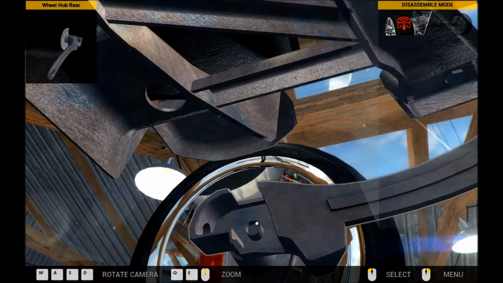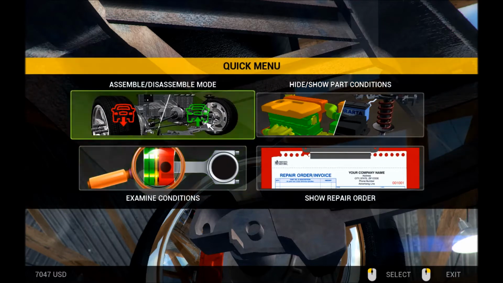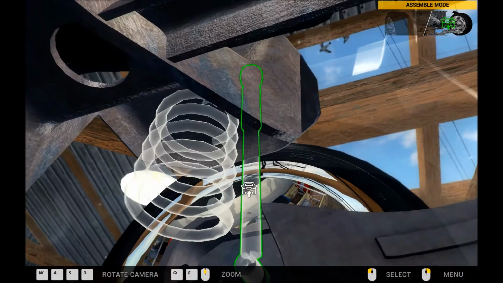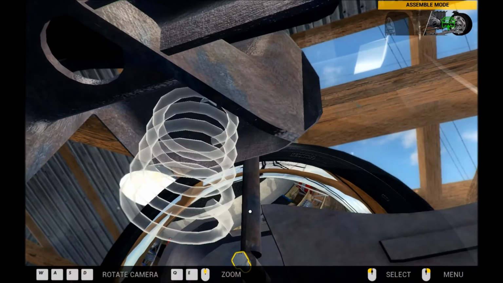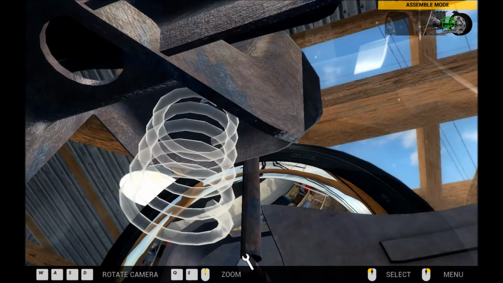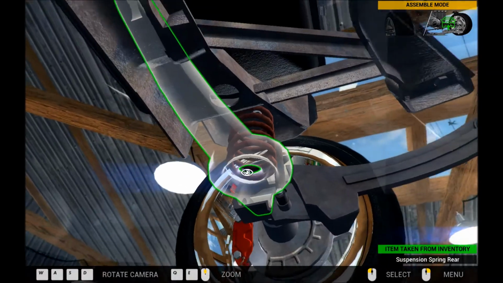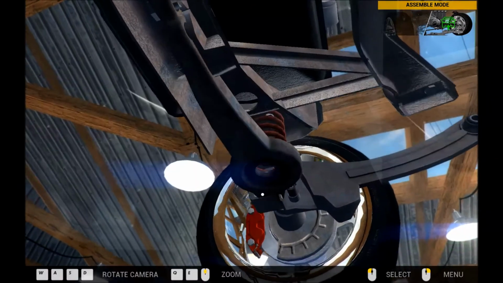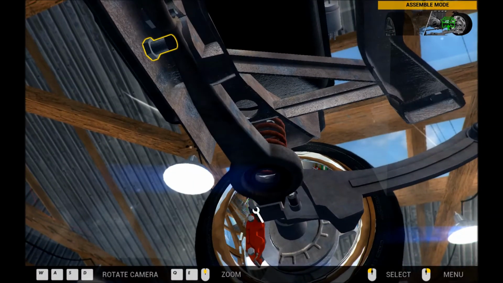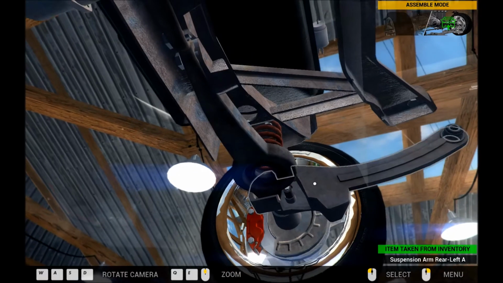That was fine. Okay, I think I'm on the wrong line of reasoning. If it could be called reasoning. I'm not convinced it can be called reasoning. So let's pop all those back on. Let's check the front. Oops. Okay, that's in.